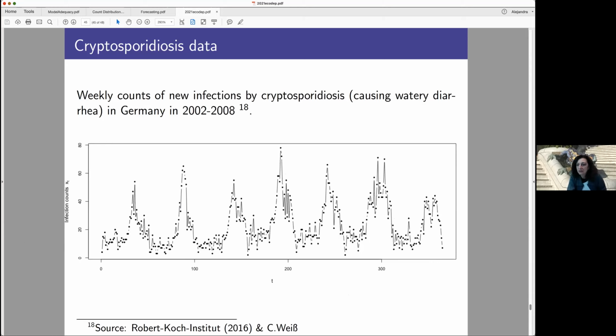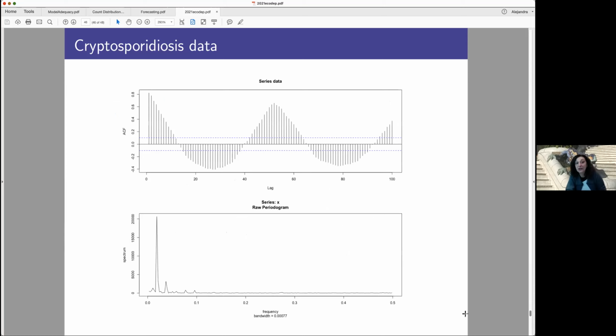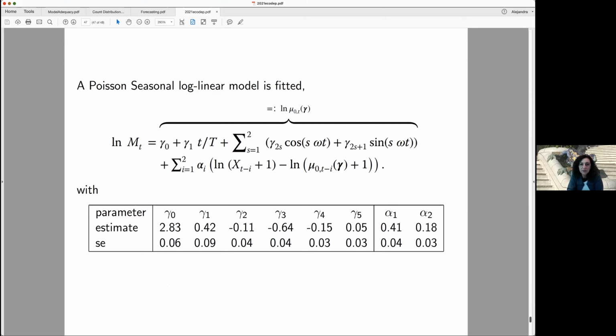This is the autocorrelation function of the data, which is clearly the autocorrelation function of something that is not stationary and is periodic. So we can fit this log-linear model. We have some parameters estimated there.